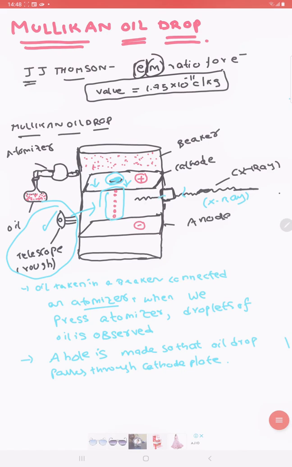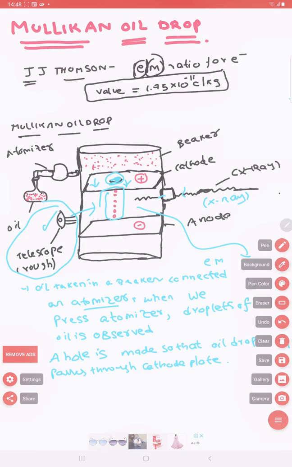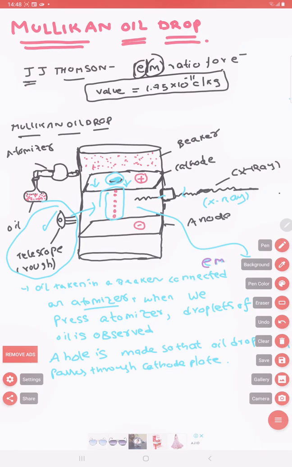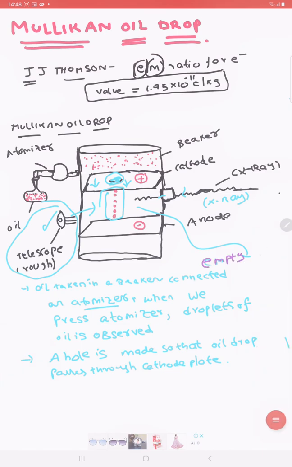And as you know, empty space contains gaseous atoms, and you can see the gaseous atoms are at low pressure. The empty space contains the gaseous atoms.